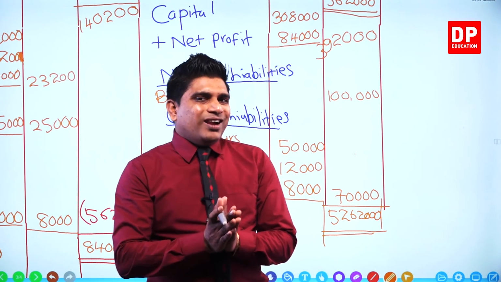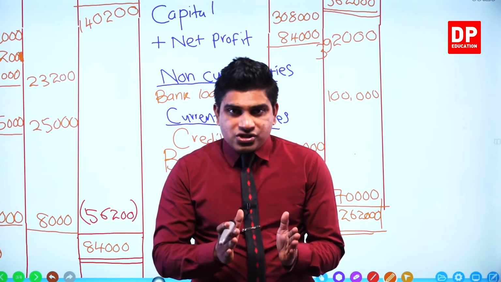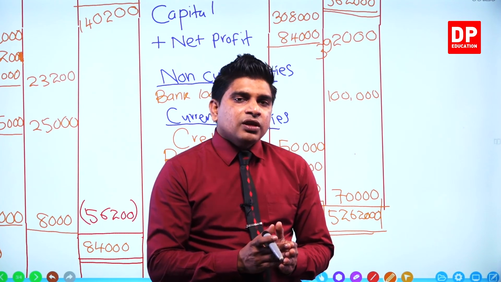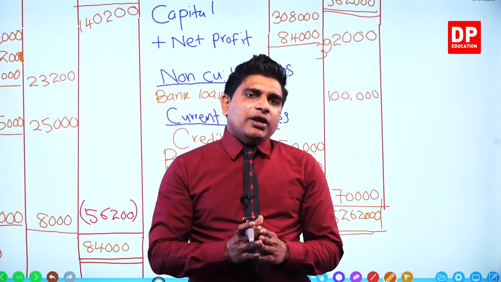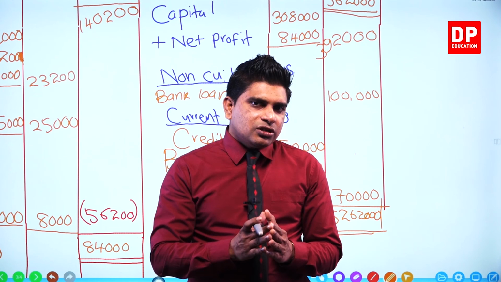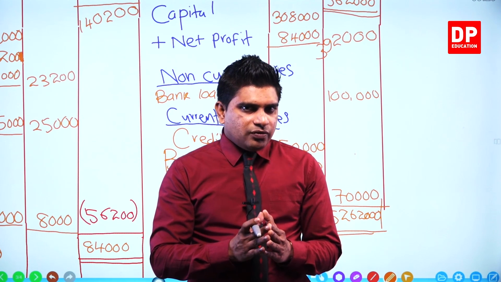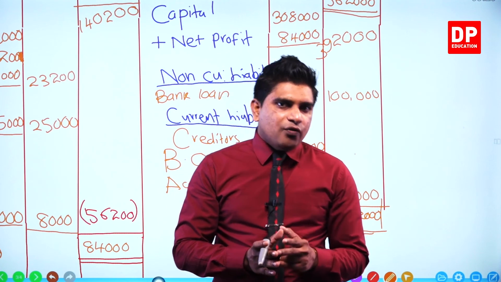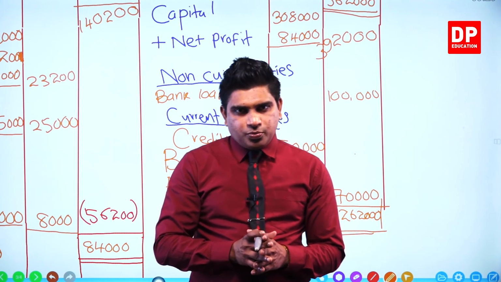Now we have done a couple of questions, 2 questions today. In this video, I think you can remember now how to do the additional information with the profit and loss statement and statement of financial position. Now we have finished 2 O-level past paper questions.